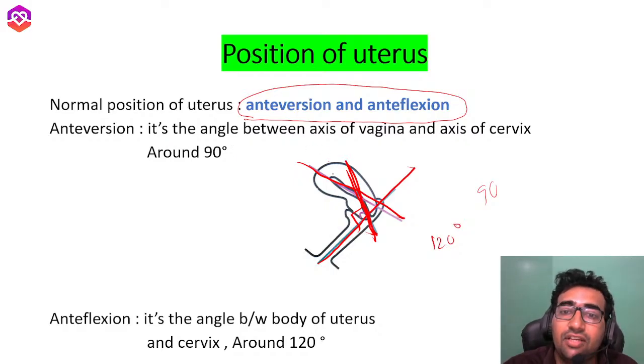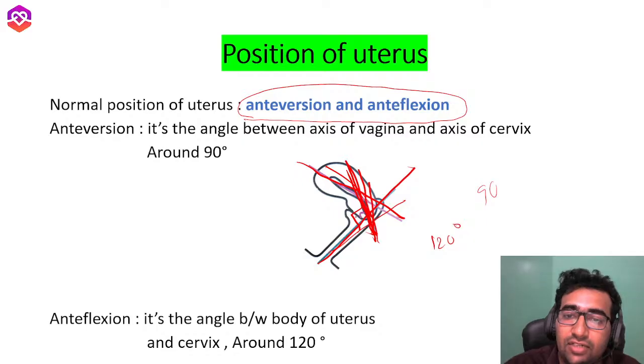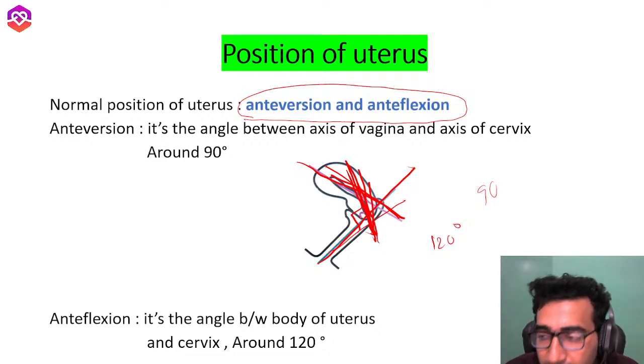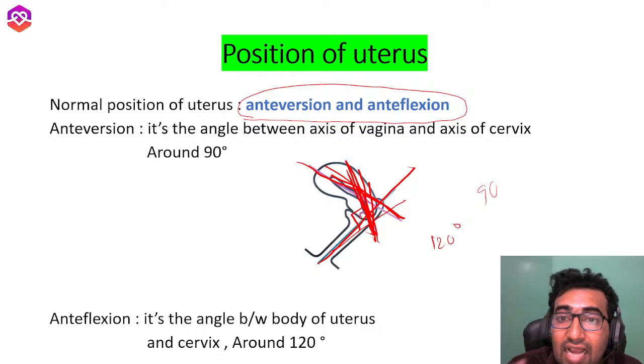And anteflexion means the axis of the cervix and axis of the uterus. From outside to inside you go: axis of vagina to axis of cervix is 90, and axis of cervix to axis of uterus is 120. So these are the two angles; the normal uterus is anteverted and anteflexed.